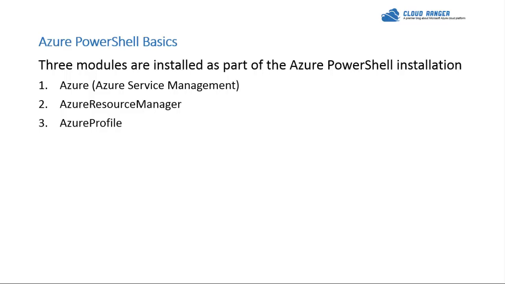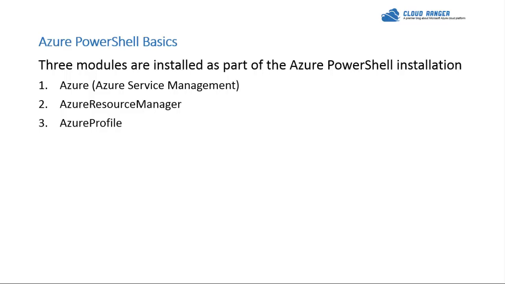When we installed Azure PowerShell a moment ago, three modules were installed. One is the Azure module, which is the Azure Service Management. Then we have the Azure Resource Manager and the Azure Profile. These are the three modules that were installed as part of the installation.